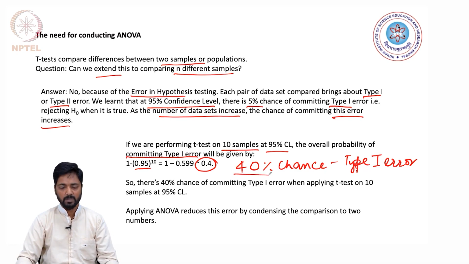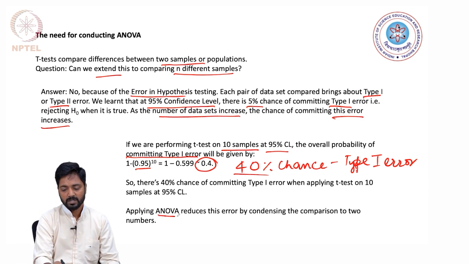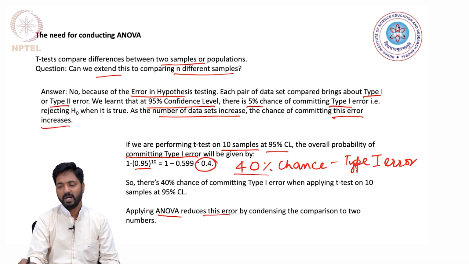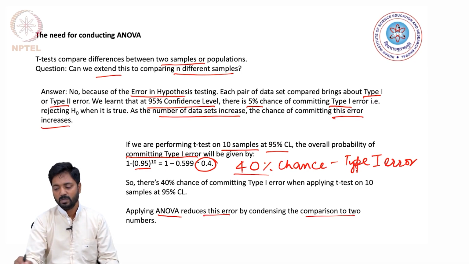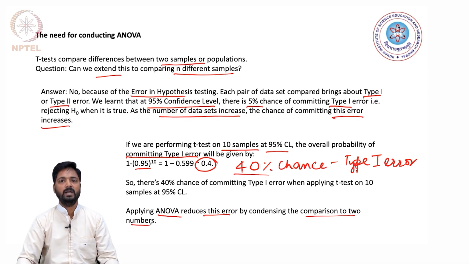This cannot be ignored, and that is the reason why we need to apply ANOVA in such cases, because applying ANOVA reduces this error by condensing the comparison to two numbers, and we will see as we proceed through the lecture how this is done and what results we obtain through analysis of variance.